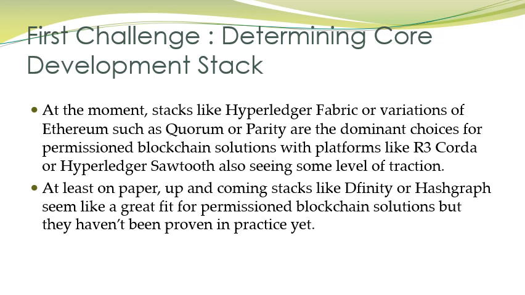The first challenge when we want to move onto the permissioned blockchain is determining the core development stack. Already existing stacks can be used. We have studied Hyperledger Fabric, Quorum, and Corda. At the moment, stacks like Hyperledger Fabric, or variations of Ethereum such as Quorum or Parity, are the dominant choices for permissioned blockchain solutions, with platforms like R3 Corda and Hyperledger Sawtooth also seeing some level of traction.